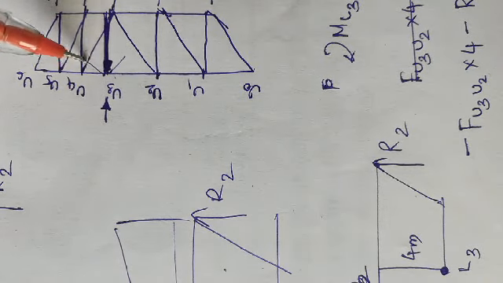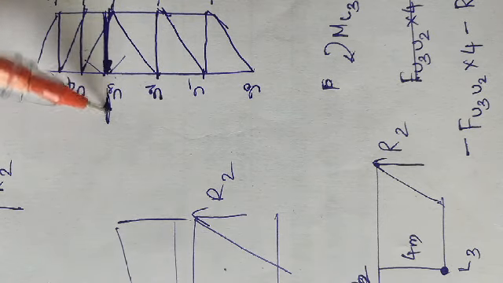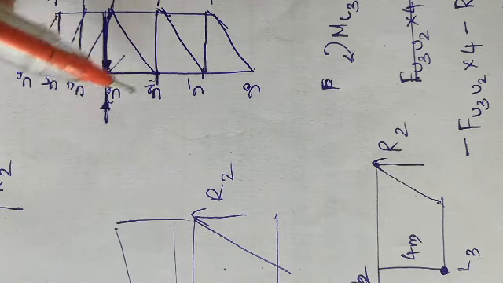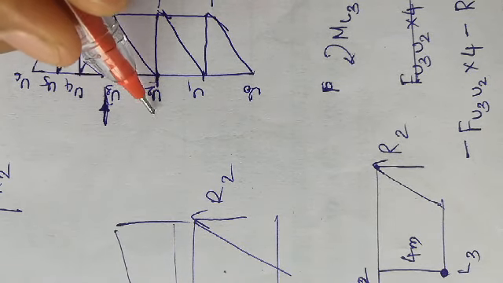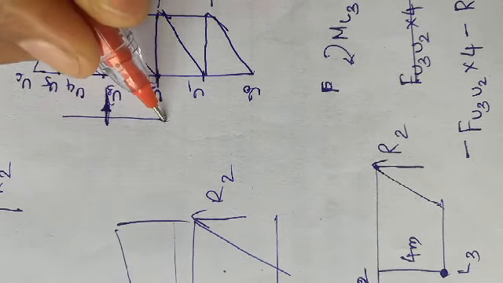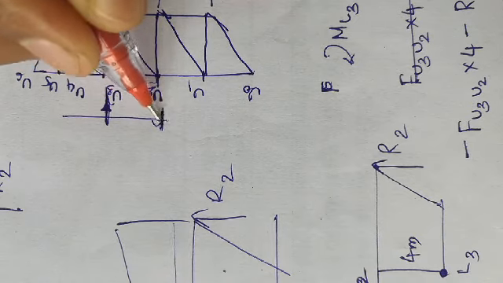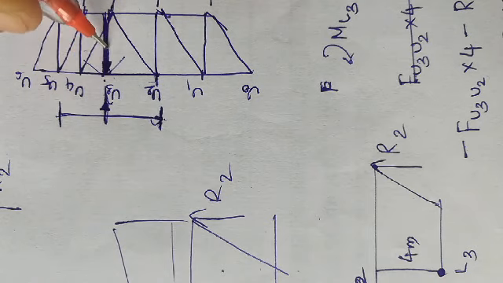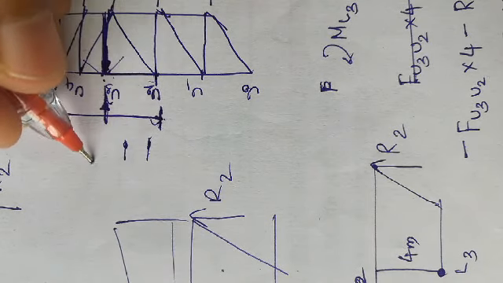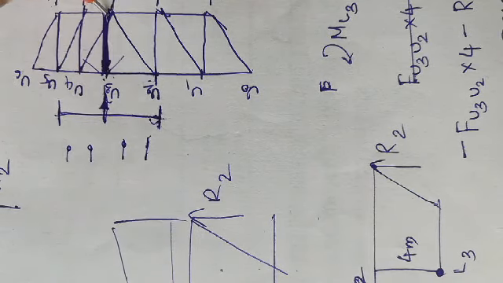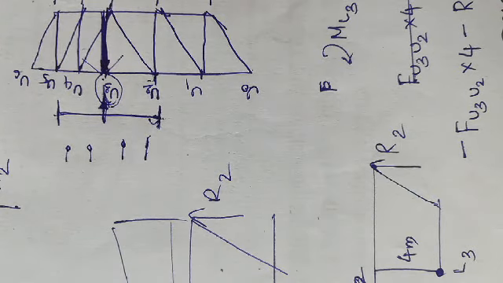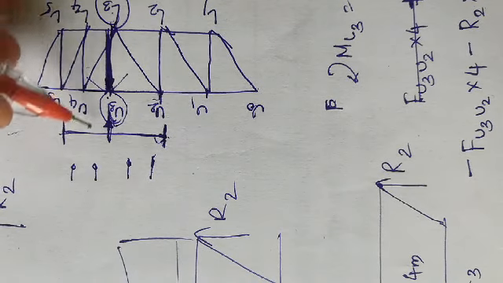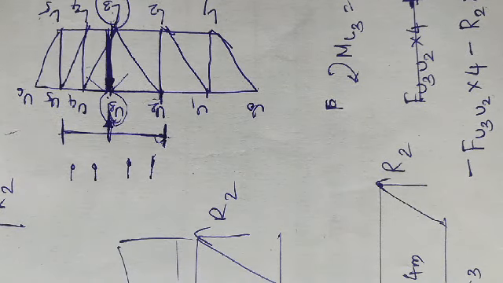Since there are no inclined members here, whatever load travels in the region from U2 to U4, all of it will be taken by this member alone. All the vertical force will be taken by U3 L3 alone, because it is not having any sharing member.